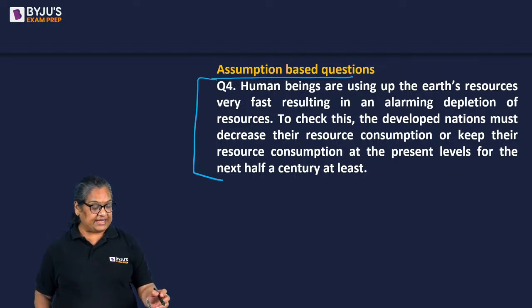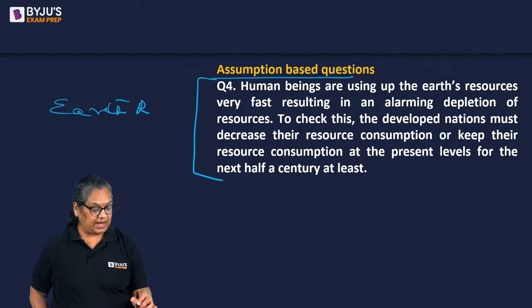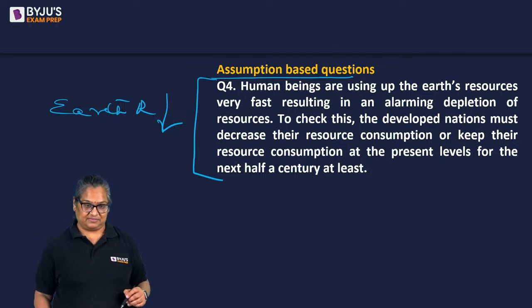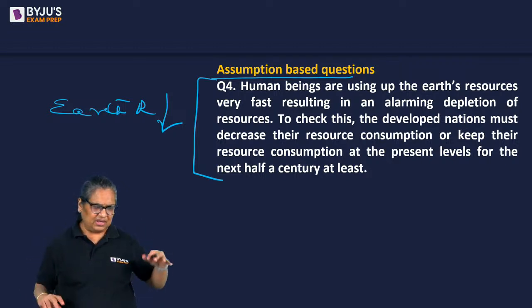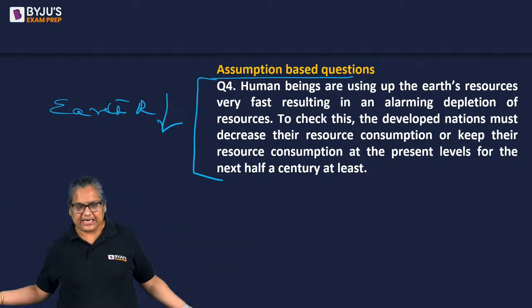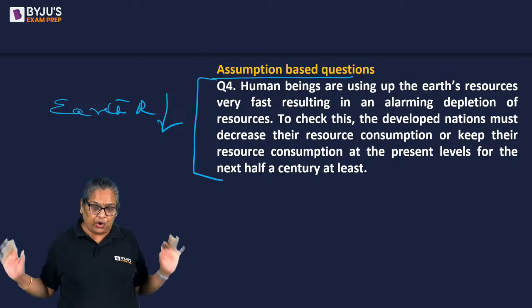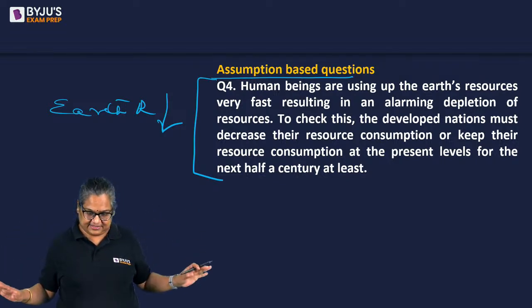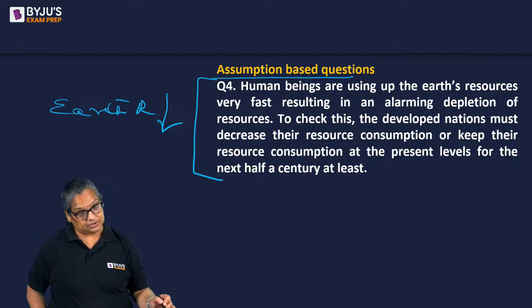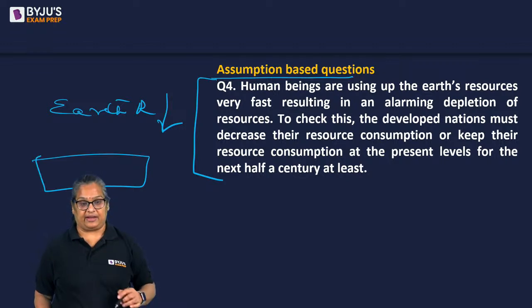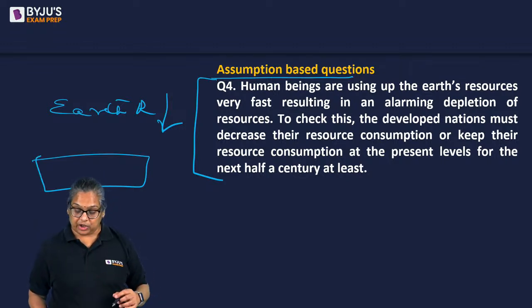So here he is saying the Earth's resources are depleting very fast. Correct? Coal is going, water is going, all these resources are going and they're getting less and less, right? Then he says, but there is a solution. To check this, what do you have to do?